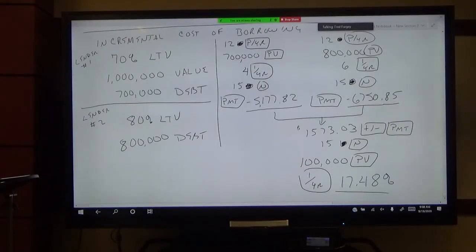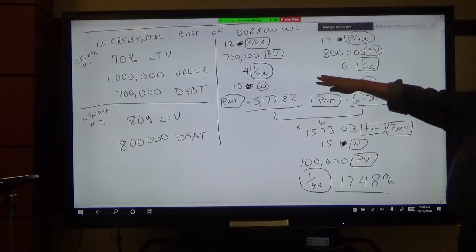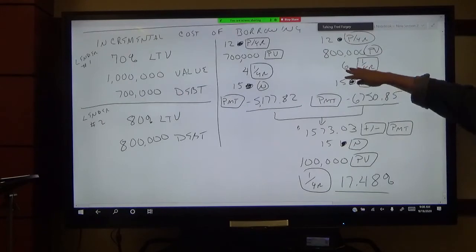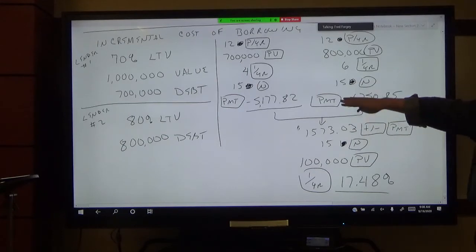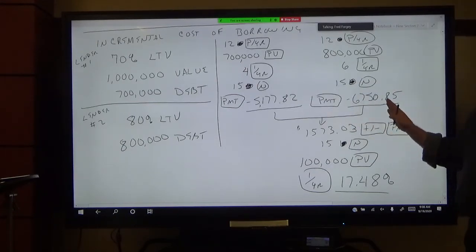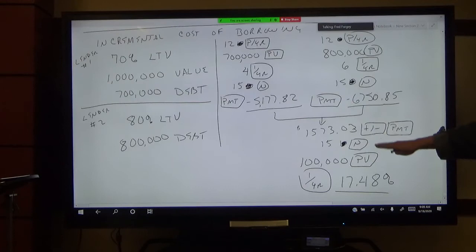To the casual observer, it looks like you've got a 2% difference in your cost of borrowing between these two. But the reality is your true cost of borrowing for that extra 100,000 is actually 17.48%. So let me reframe the scenario here for a second.